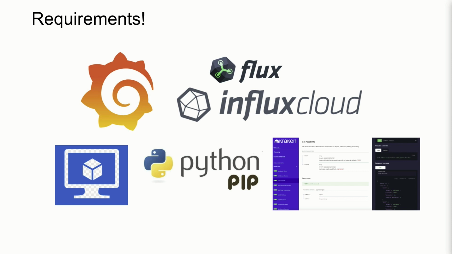I've used Python and pip to install some packages, but there are other libraries available from Kraken, and you'll need an account on Kraken. Actually, you don't need an account if you just want to visualize the data. The only time you need to sign up for an account on Kraken is if you actually want to go and trade. You could do all this without an account if you just want to visualize the data.